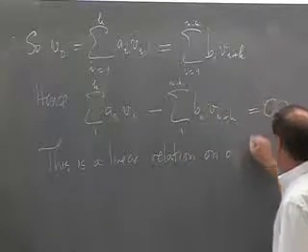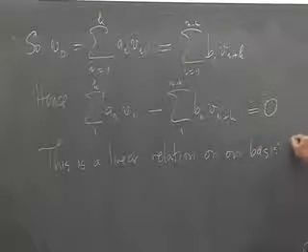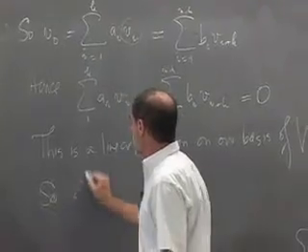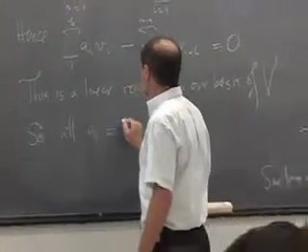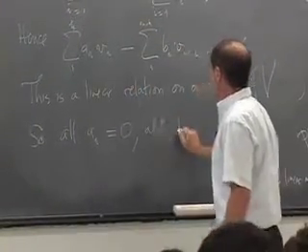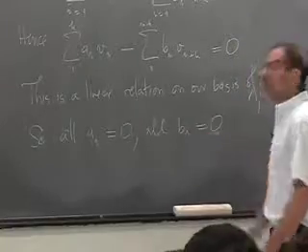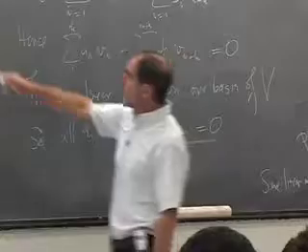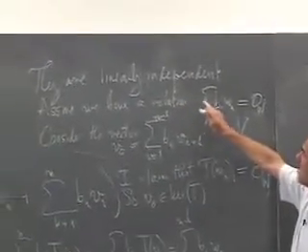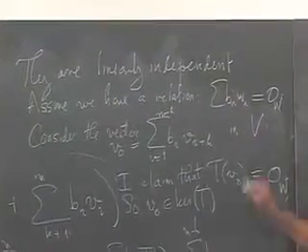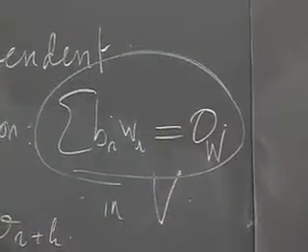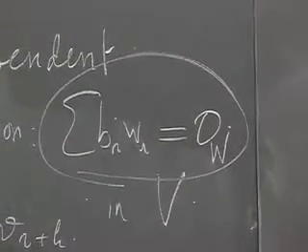So all a_i equal 0 and all b_i equal 0. Since all the b_i's are 0, we've just shown that the vectors w_i are linearly independent, because any time we had a relation, we've proved the b_i's are 0. Done.